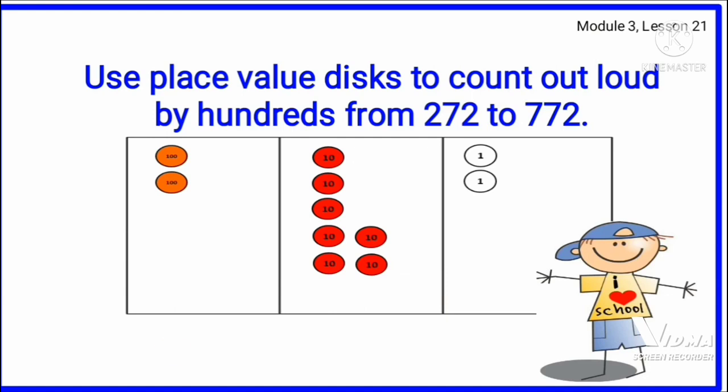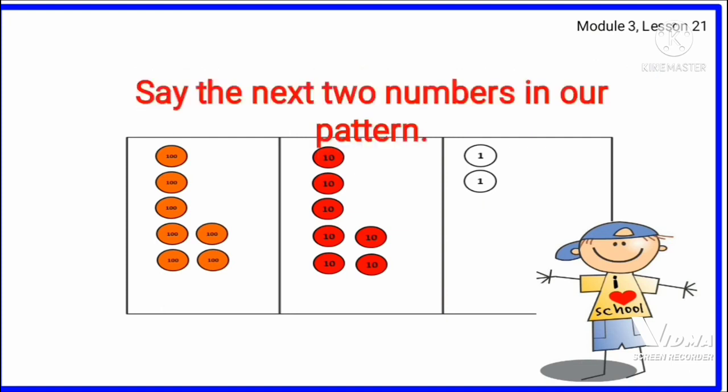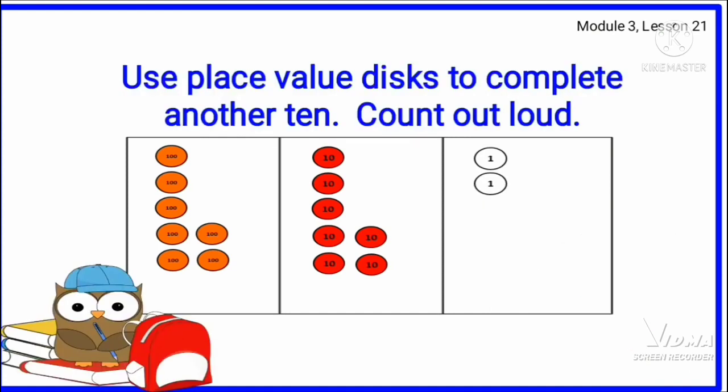We have 272, 372, 472, 572, 672, 772. Can you say the next 2 numbers in our pattern? They will be 872 and 972.